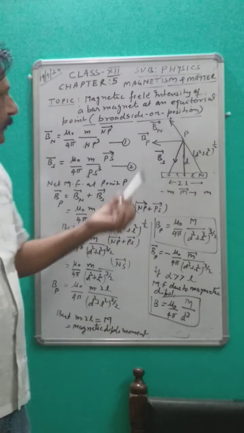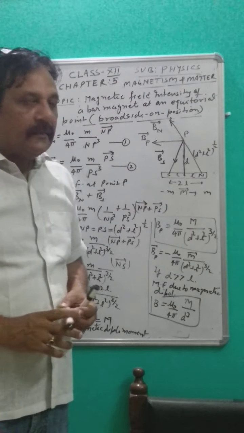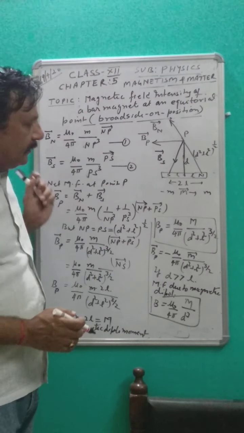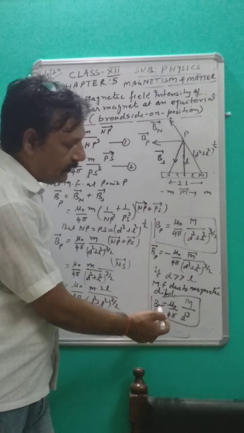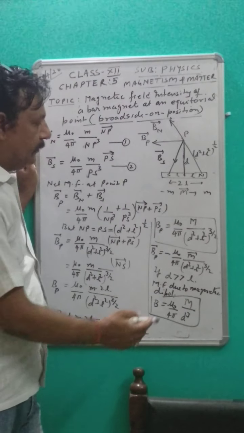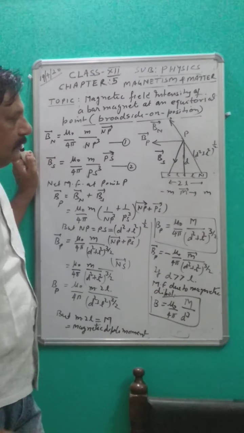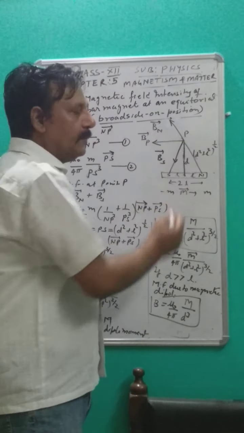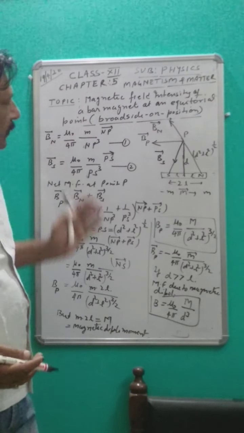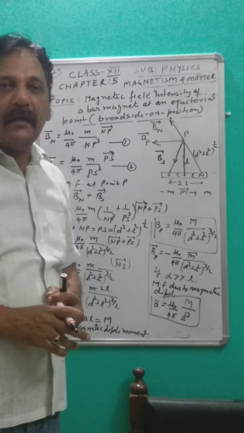If the point P is very far away from the axis of the dipole, then the bar magnet acts as a magnetic dipole. The magnetic field is directly proportional to 1 upon d cube, where d is the distance of the point P from the dipole axis.